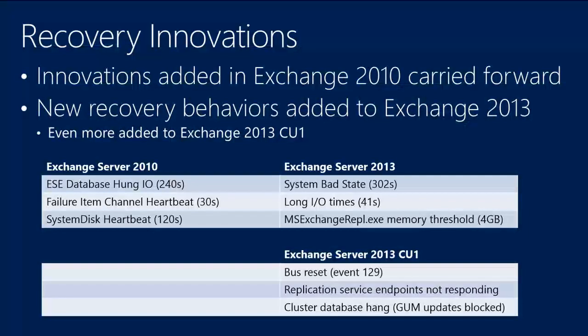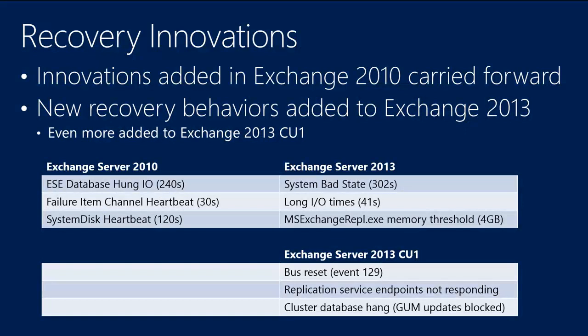When the Global Update Manager is in a very busy cluster, it's possible that updates from one server may block updates from another one and actually cause a hang of the cluster database itself. And when the cluster database hangs, it can cause a node to do all sorts of funky things. So now the cluster team has instrumented clustering more for us, and they've distributed a hotfix for Windows 2008 R2.